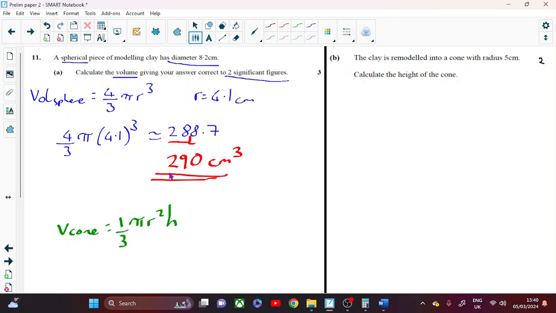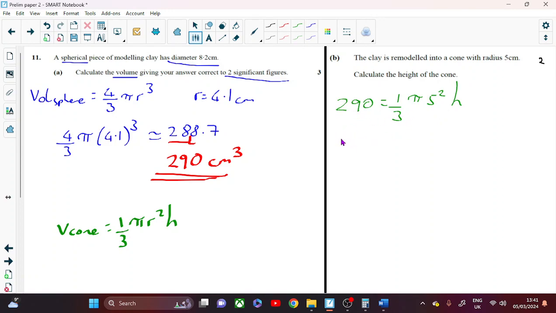So we know that the volume is 290, and we know our radius is 5, so we've got 1/3 pi 5 squared h. Rearrange to get h on its own, we can tidy this up. 5 squared is the same as 25.